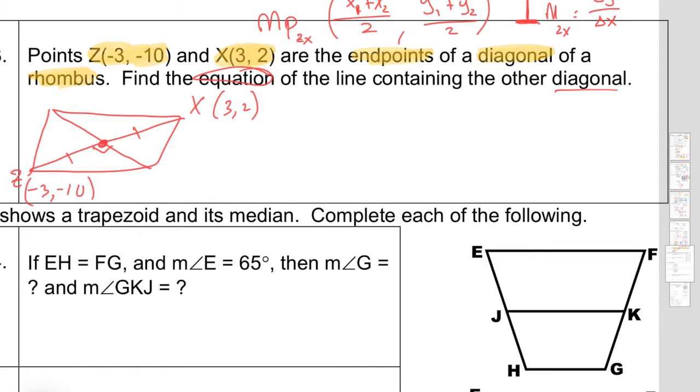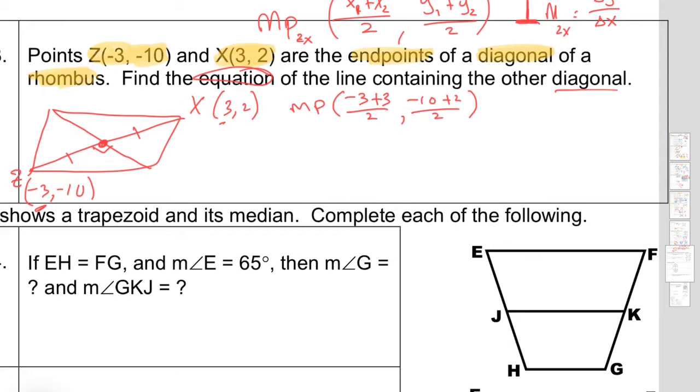So here we go. Here's x1, here's x2. To find the midpoint, we are going to use those two values. So we got -3 plus 3 divided by 2, and then we'll simplify in a bit. Same for the y. So we got -10 plus 2 and half of that.